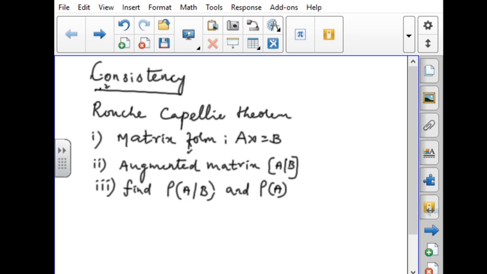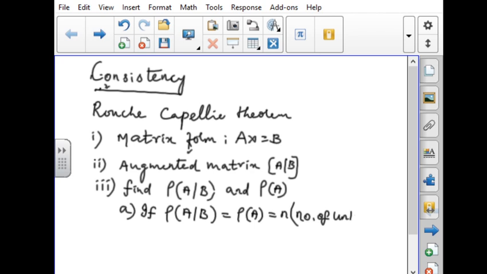First, let us take: if rho of [A|B] is equal to rho of A is equal to n, where n is the number of unknowns, then the system has a unique solution, and we can say that the system is consistent.